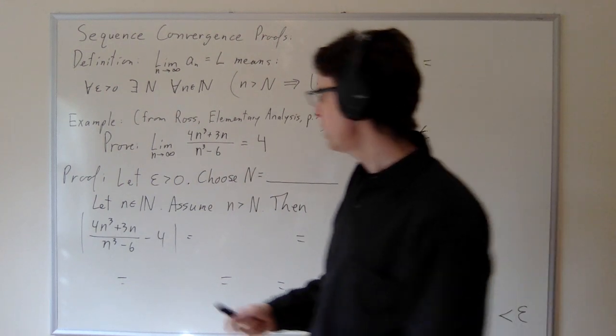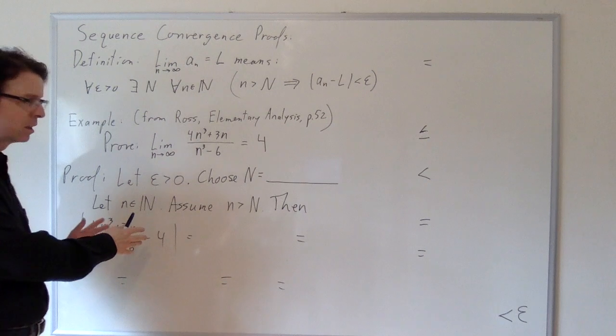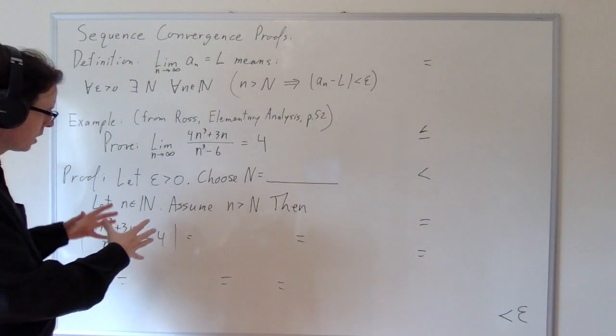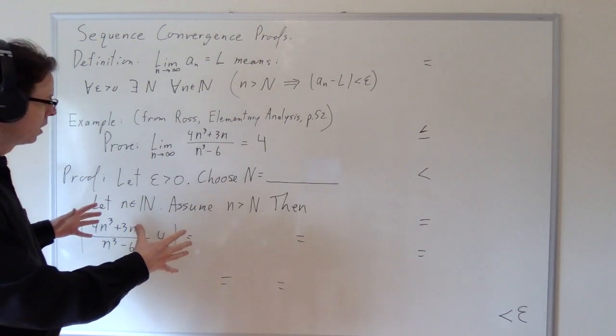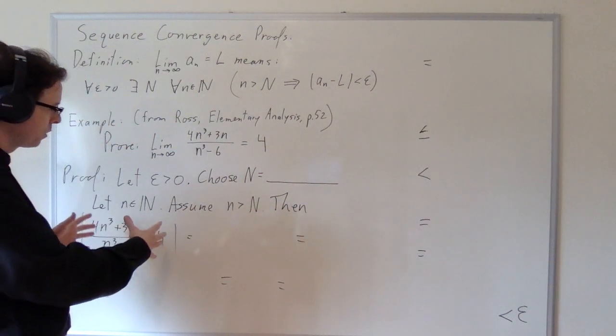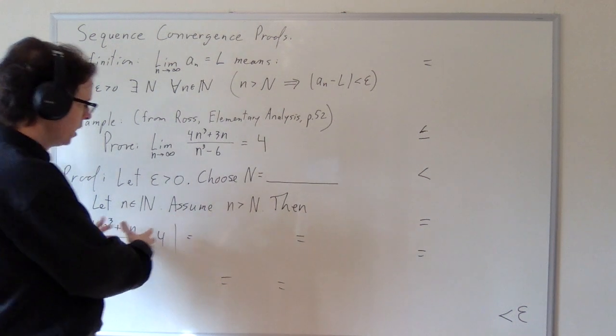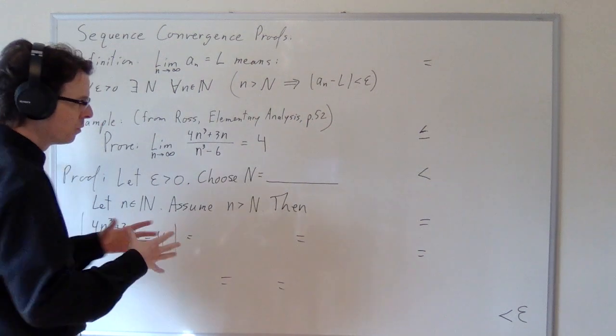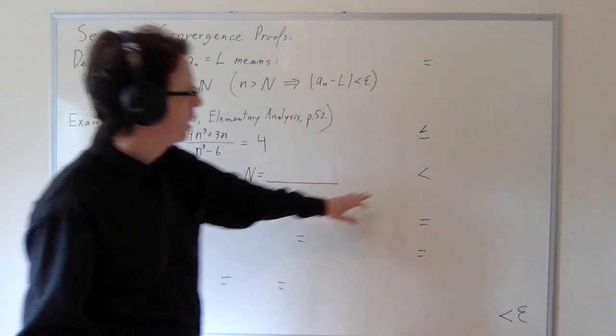So the way I think about it, this term has a certain size, and we will eventually compare that size to epsilon. The size is allowed to inflate a little bit, but it's not allowed to exceed epsilon. So we're going to conservatively allow this thing to go up. Each time we move forward to the next step in the proof, it can stay the same, equals, or it can go up a little bit, less than.